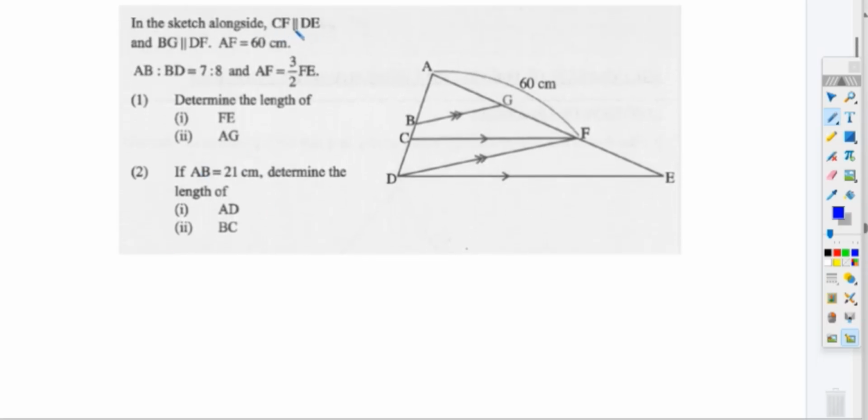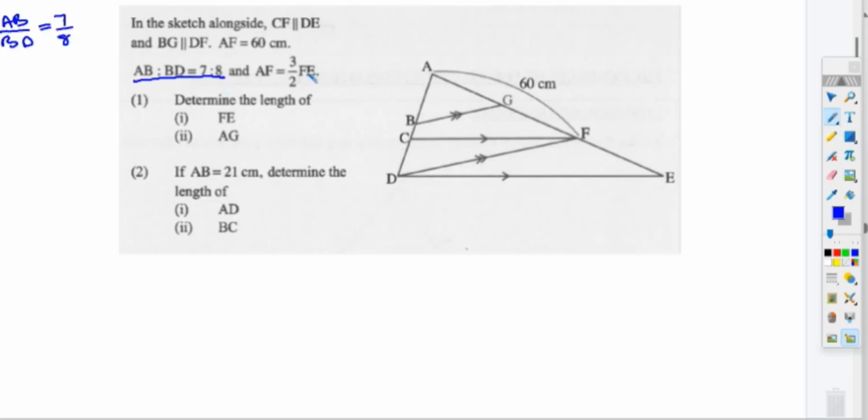In the sketch alongside, it's given that PF is parallel to DE and BG is parallel to DF, AF is 60 centimeters from here to there, and then the ratio there, we're given this as a ratio, but we can also write it as a fraction as AB over BD is equal to 7 over 8.